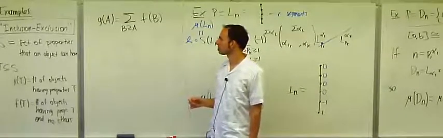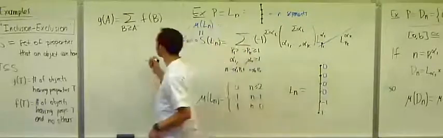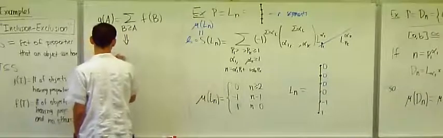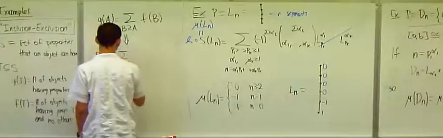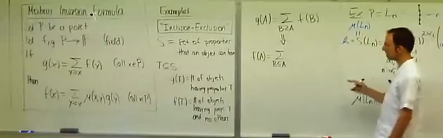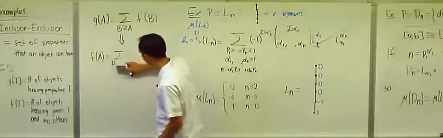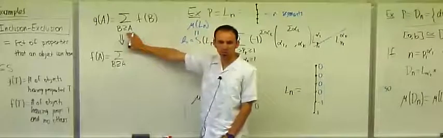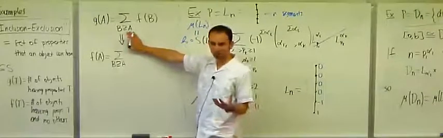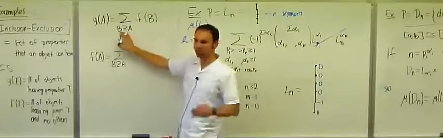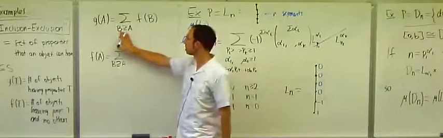Okay. Therefore, we can apply Mobius inversion. Maybe I'll say that in a second. But for now, let me just say f of A is just the sum. I mean, Mobius inversion says, sorry, B is... You'll see that this is precisely Mobius inversion in the poset of subsets of S. Right? This is a subset of S, and these are the subsets bigger than it in the Boolean poset.